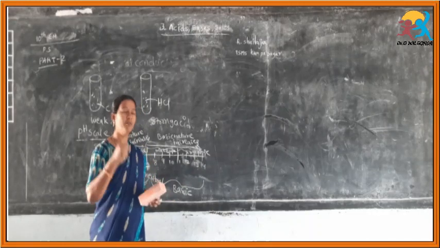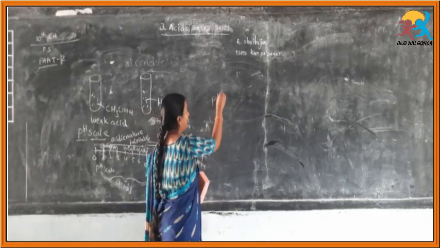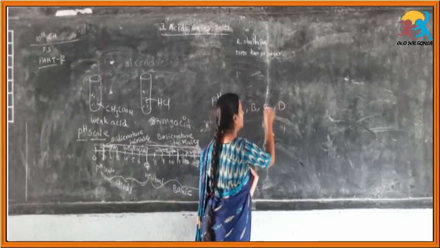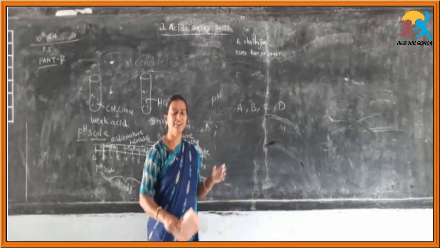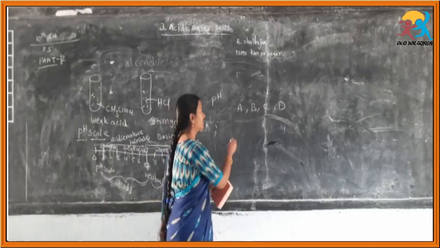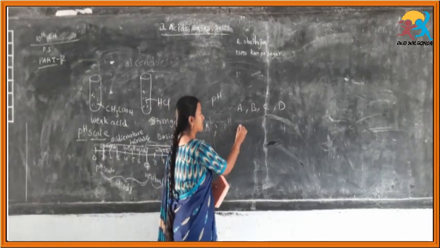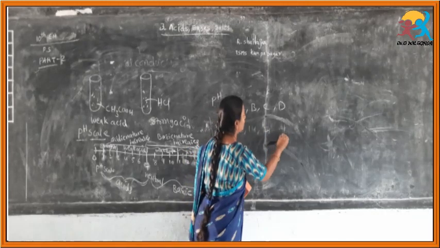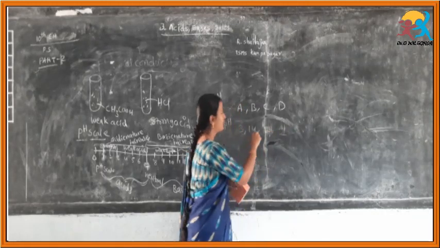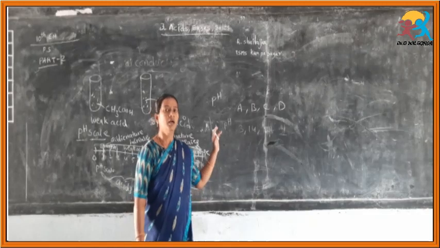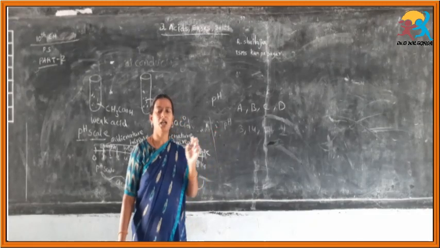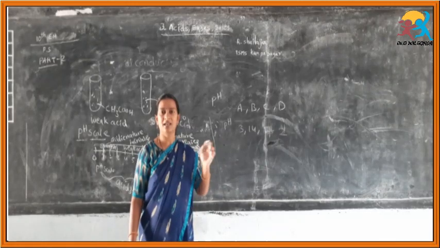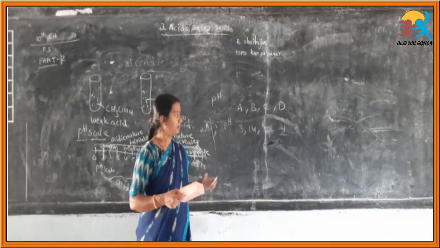Suppose there are four substances A, B, C and D, and their pH values are 3, 14, 7, 2. In the textbook, at the back of this lesson, there are questions.